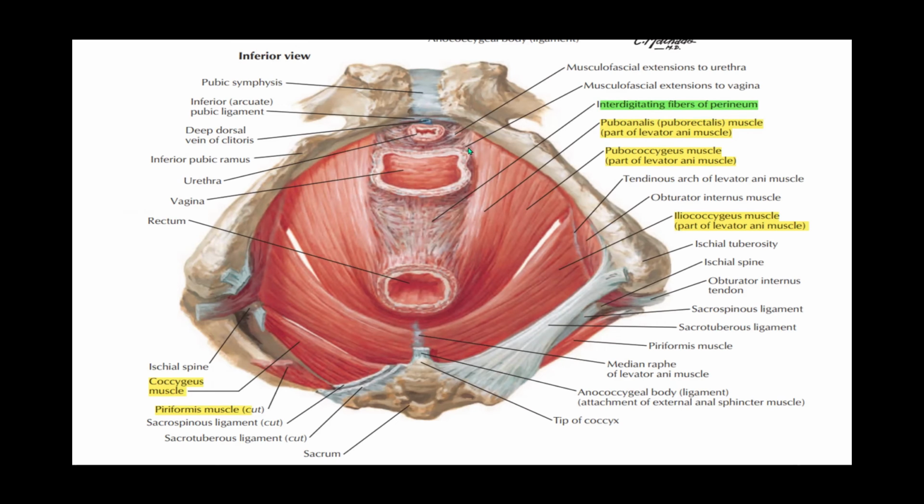So many fibers are coming from this levator ani, puborectalis or puboanalis, also forming the pubovaginalis and the pubourethralis. Lots of muscle fibers interdigitate to provide support to these hollow visceral structures that transit through the pelvic floor.